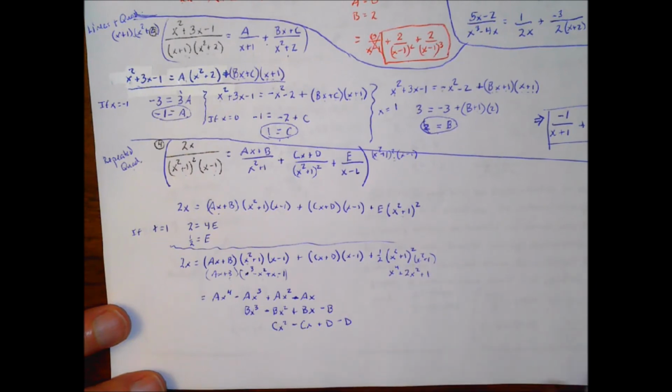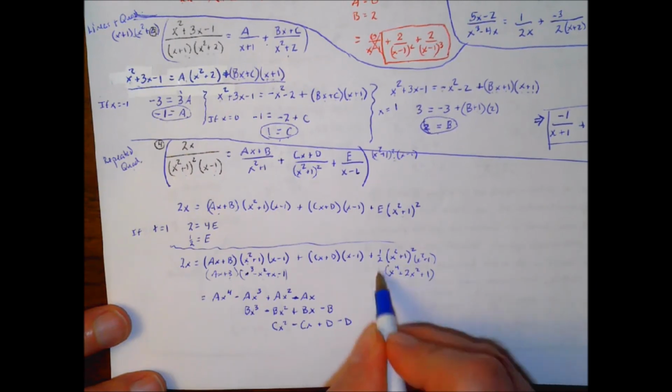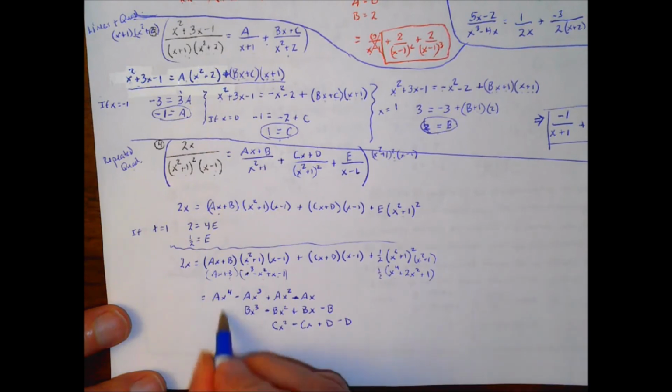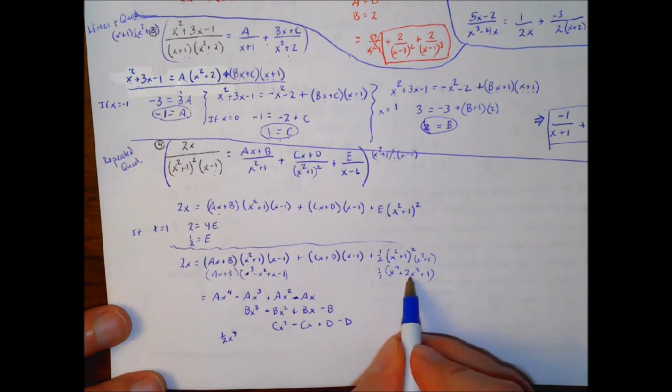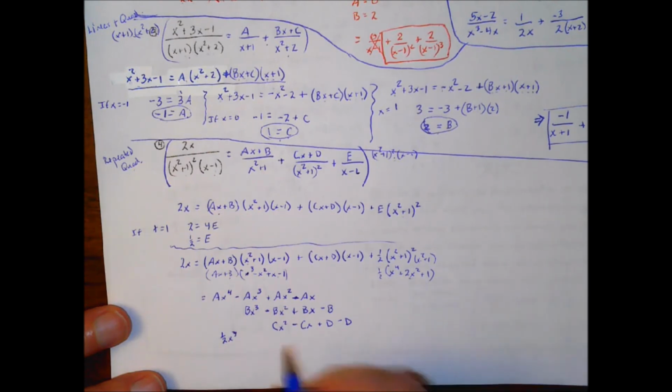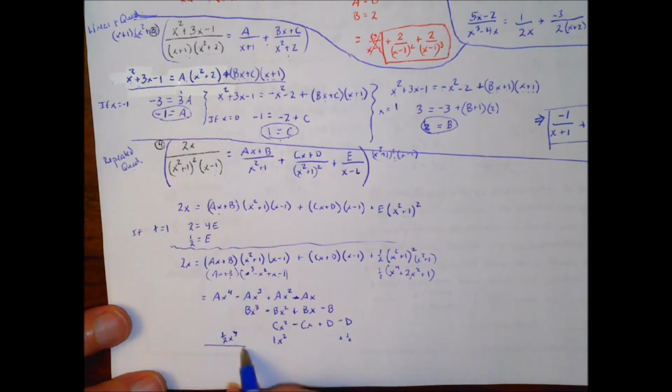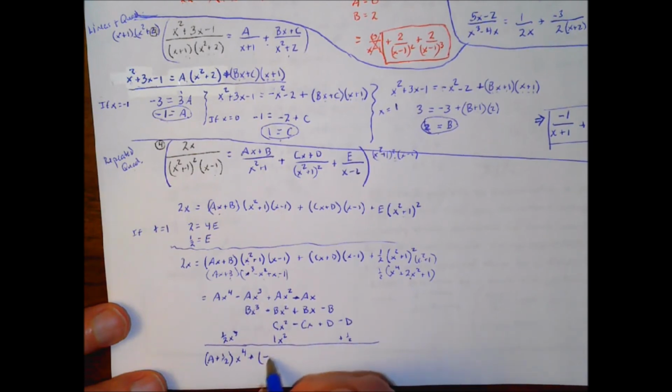If I take that 1/2 and multiply it through, I have 1/2 x to the fourth, so I'm going to put that 1/2 x to the fourth right here, plus 1x squared, and plus 1/2. If I combine all those like terms together, I'll have a plus 1/2 x to the fourth, plus negative a plus b, x to the third.